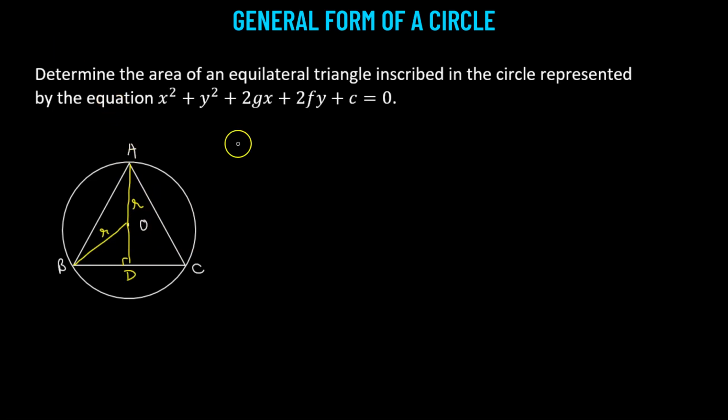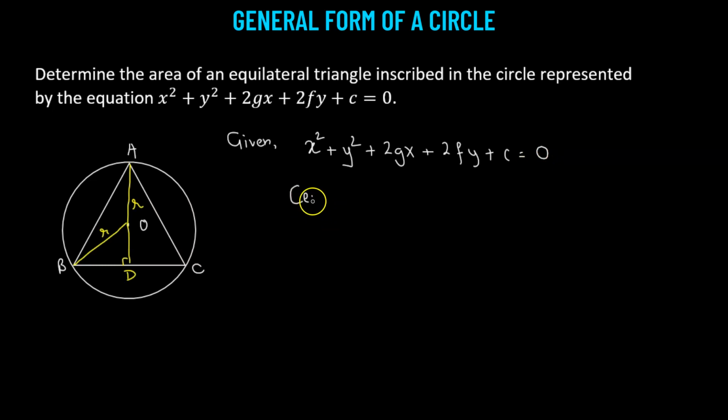Now here we are given the general equation of a circle, which is x squared plus y squared plus 2gx plus 2fy plus c equals 0.